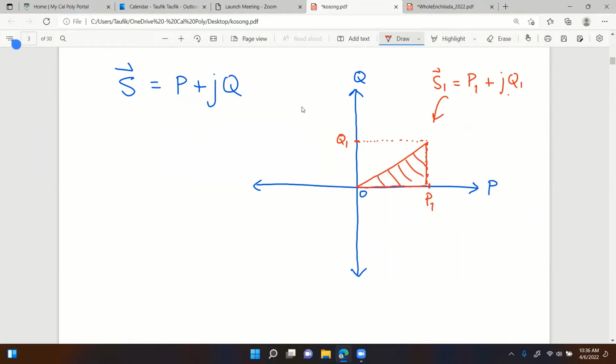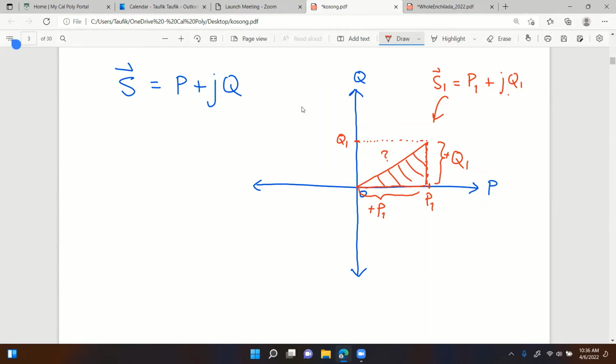Now, this side right here, the height of the triangle, must be Q1. That's positive Q1. And the side right here, the base of the triangle, must be P1, also positive. So positive P1 means absorbing average power, and Q is absorbing reactive power. If that's the case, can you tell me what this hypotenuse represents?